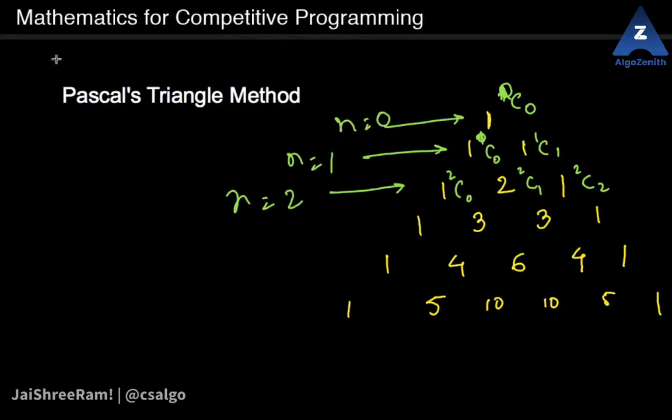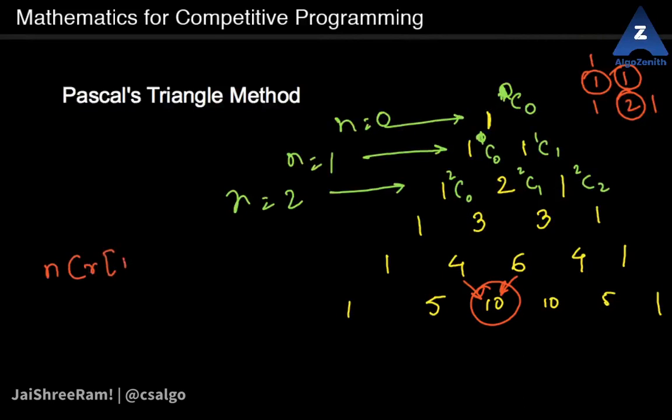Now there is a nice property that this follows: any particular value is the sum of the two numbers in the previous row, right? Sometimes we also write it in a skewed form, something like this: 1 1 1 1 2 1. So this will be the sum of these two values, right? So for this we can use a simple relation.